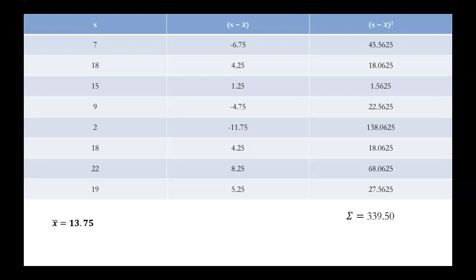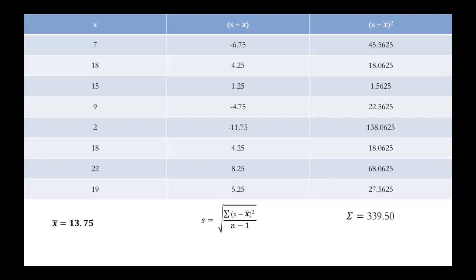So we can use that in our standard deviation formula. So that's going to be the numerator, right? That's the sum of x minus x bar squared. And then that has to be divided by n minus 1.